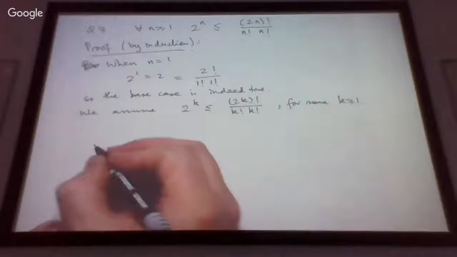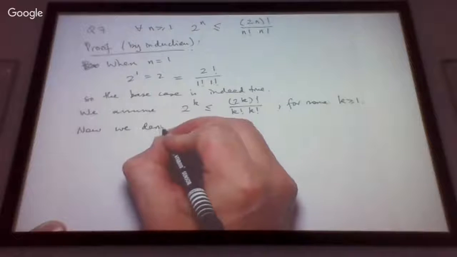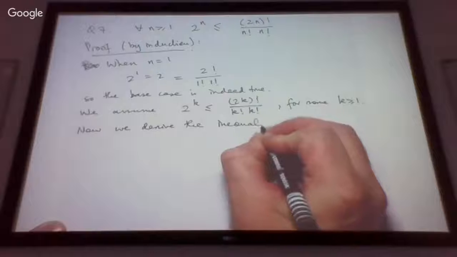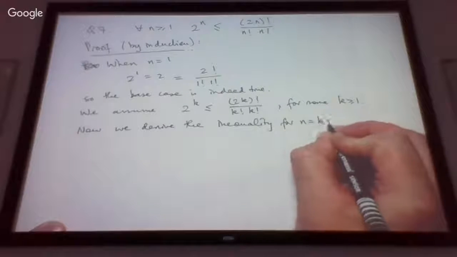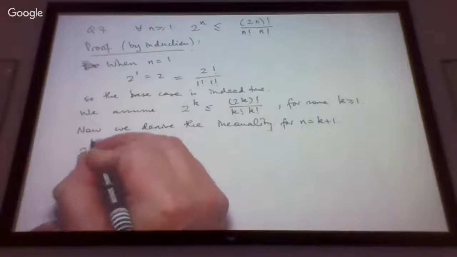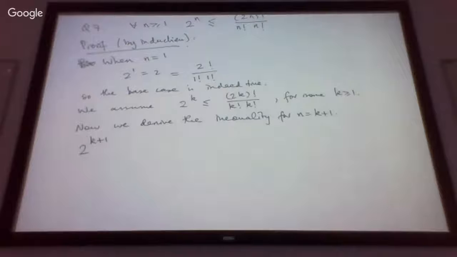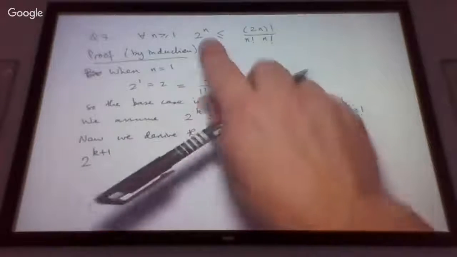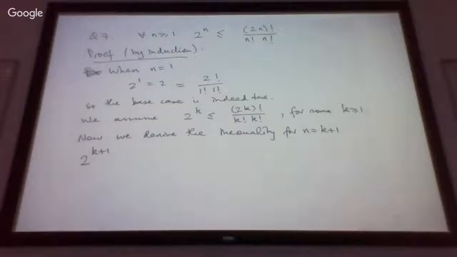So now we derive the inequality for n equals k plus 1. Again, until we see the approach fail, we may as well try the direct approach, where we begin on the left-hand side of the inequality and try to move to the right-hand side.